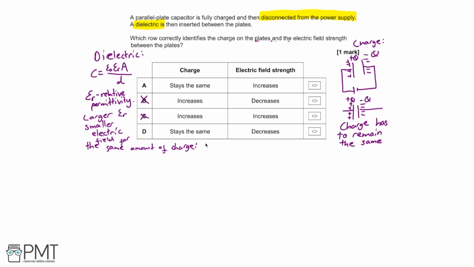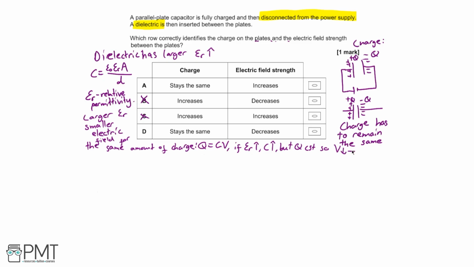So we know that the charge stays the same, so we can now use the equation Q is equal to C times V. Now, if the relative permittivity increases, because the dielectric will have a higher permittivity than free space, then it means that C must increase, but Q is constant, which means that V must decrease, because if C is a larger number, then V must be a smaller number for the two to multiply to still get the same value of Q. We've come to this conclusion because epsilon r is directly proportional to C, the capacitance. Therefore, what we see is that the potential difference across the plates decreases.